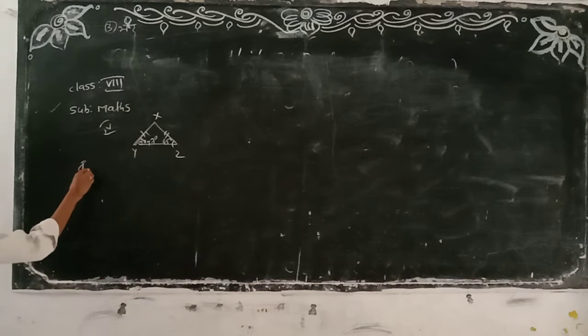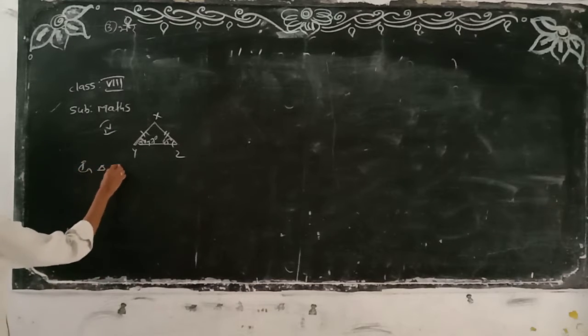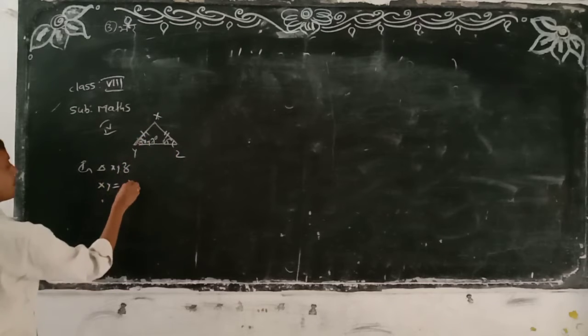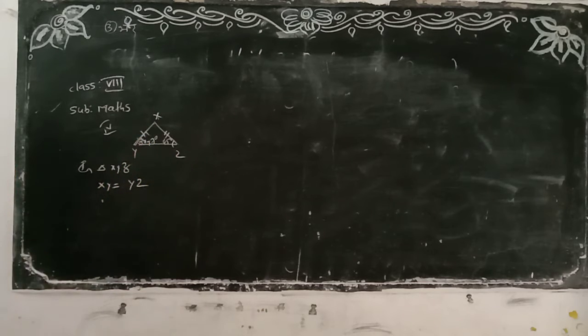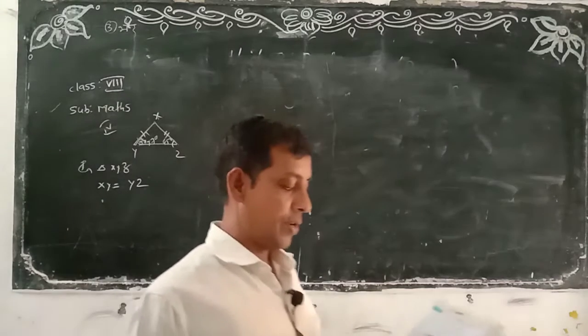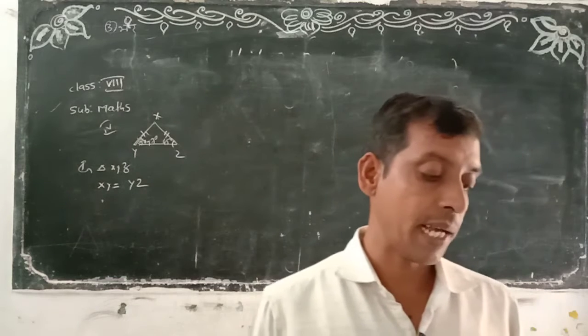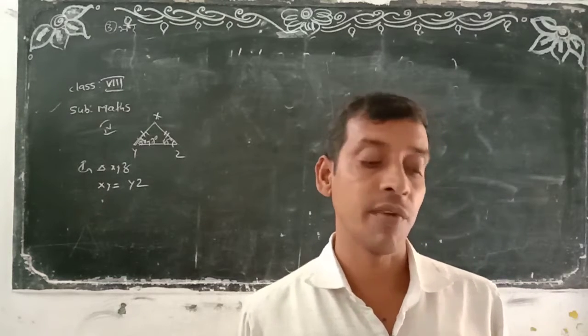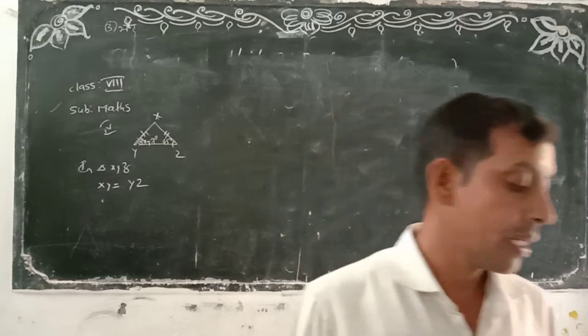In triangle XYZ, XY is equal to YZ. So look here, how many angles are there? Only 2 angles. We have to find out the remaining angle.